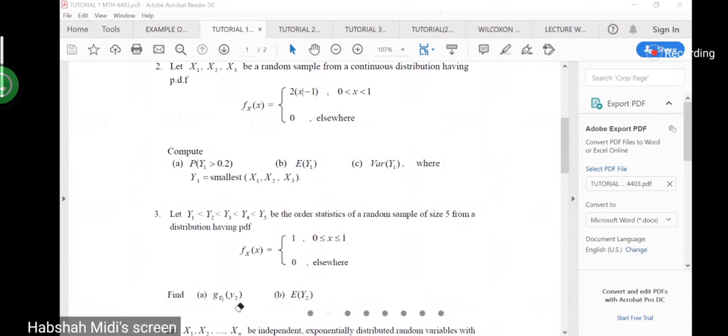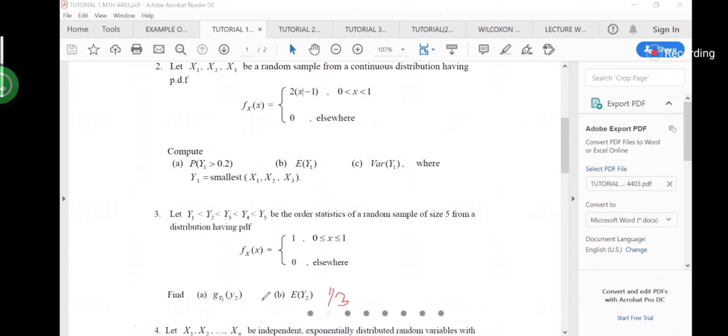If you get G_Y2 correct, then your expected value should be correct. What is the expected value of Y2? You should get 1 over 3. If you get this 1 over 3, it means you have it correct already.